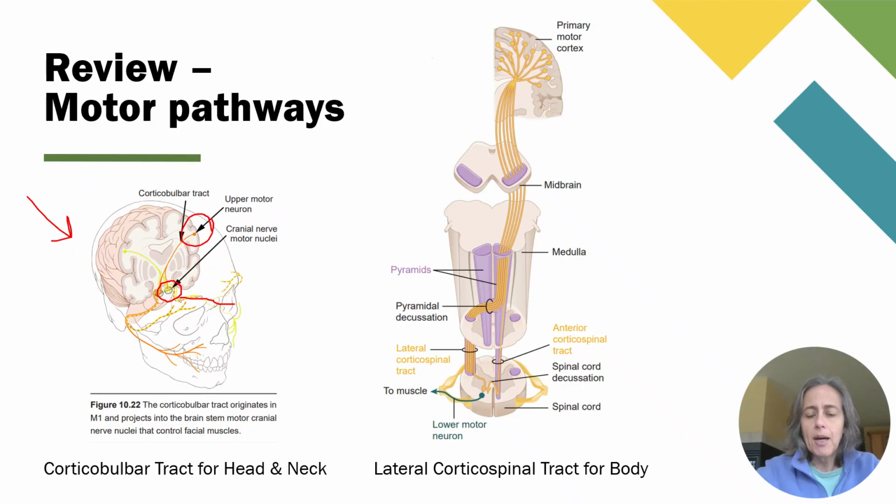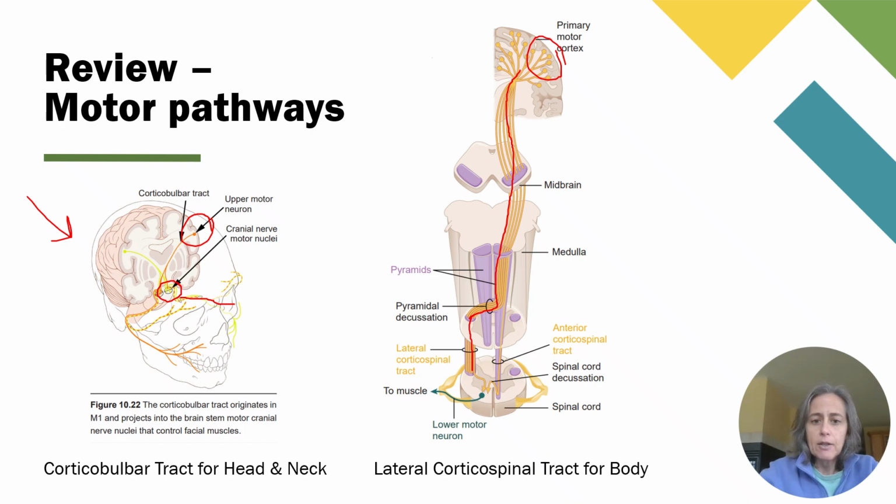For the rest of the body, the upper motor neurons are again in the primary motor cortex of the frontal lobe. They're going to send their axons down through the midbrain into the medulla, where they're going to cross, or decussate, in the medulla and then descend through the spinal cord in what is called the lateral corticospinal tract.